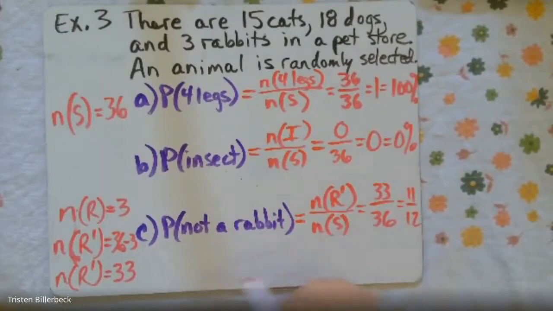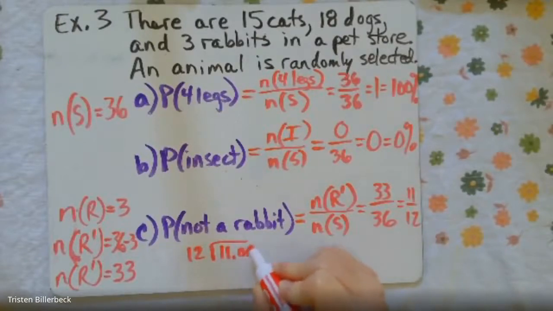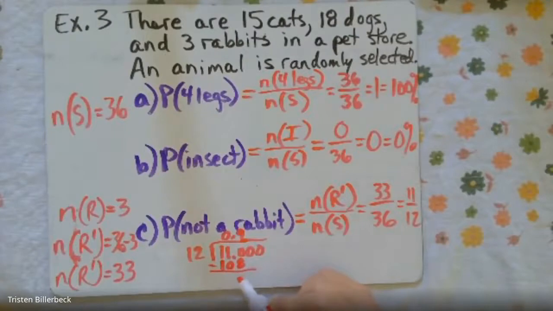Okay, if we use our dry erase calculator, the top dog goes into the house. So we have 11 and 12. All right, so there are 0, 12s, and 11. In 110, we have 9, which gives us 108. Subtract, and we get 2. And we have 1 in 20. And then we get 80 down here. I ran out of room, but when we do that, we get 80.